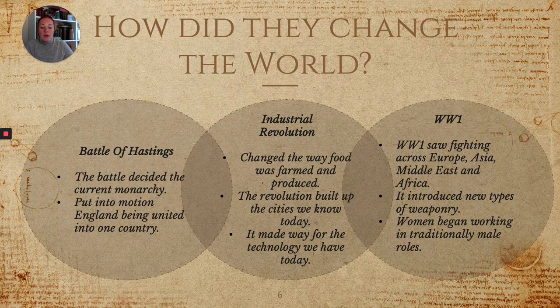And also, it made way for the technology we have today. I don't know if we'd have computers today, or iPads, or iPhones, or Xboxes, or cars, or trains, or aeroplanes.